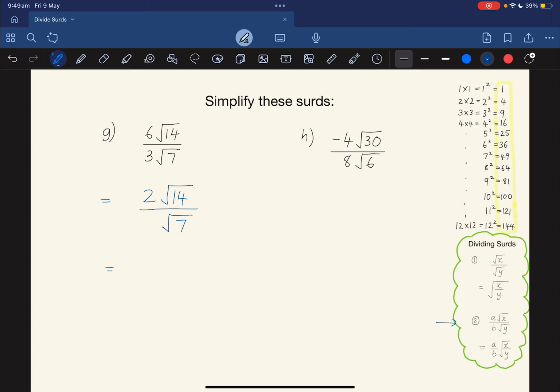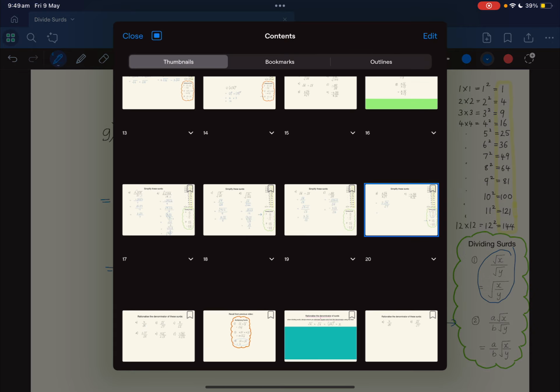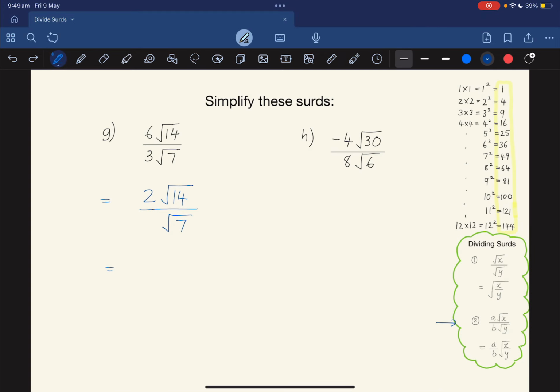Now, this rule works both ways, right? Which rule am I looking at? I'm looking at this one. So I can go from separating it out to putting it back under the square root sign, because I'm noticing here 14 divide 7 will give me a nice number.